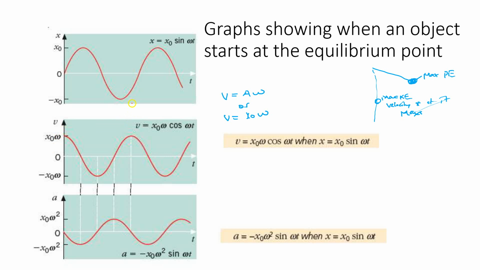So this scenario is when the object starts from displacement zero, meaning from the equilibrium position, and we're essentially saying that at that point your velocity is at maximum.